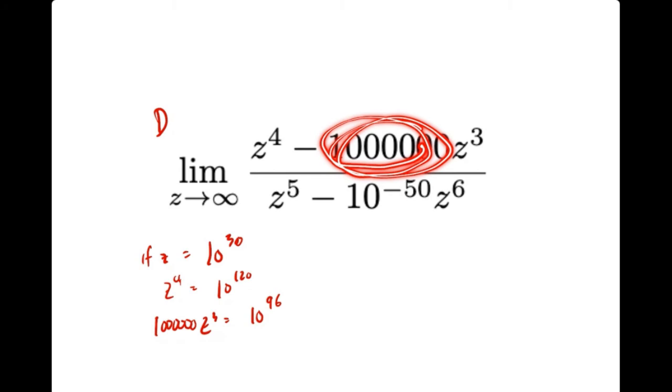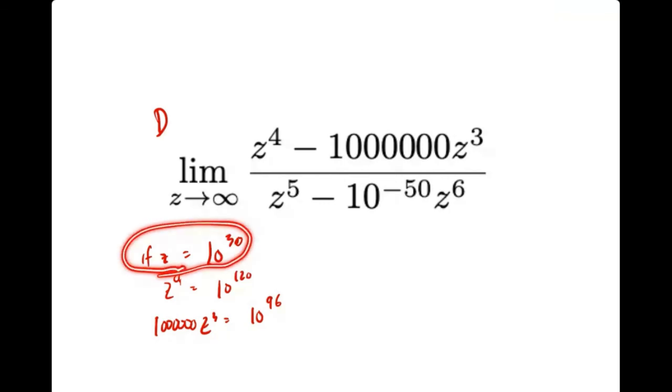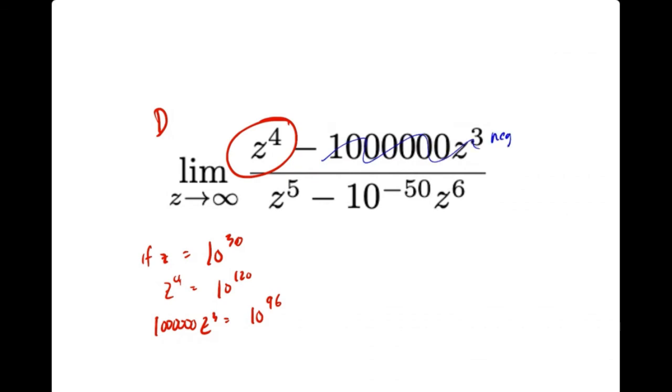This could have been a Googolplex to a Googolplex. It doesn't matter. Eventually, z will become large enough because it's going to infinity that this term here will become overwhelmed by the other one. That is to say that the term z to the fourth is the leading behavior in the numerator, and this term here is negligible. Good, good, good.